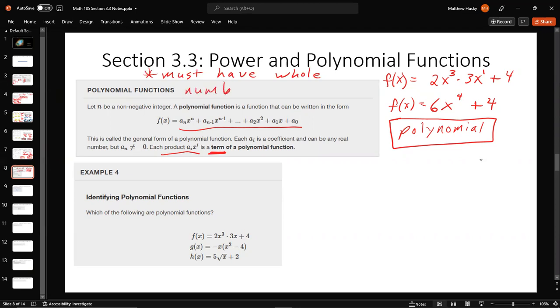So unlike the power functions, that basically means you can't have negative or fraction powers. That is a very crucial distinction that is different about polynomials compared to power functions. You can't have negative or fraction powers.